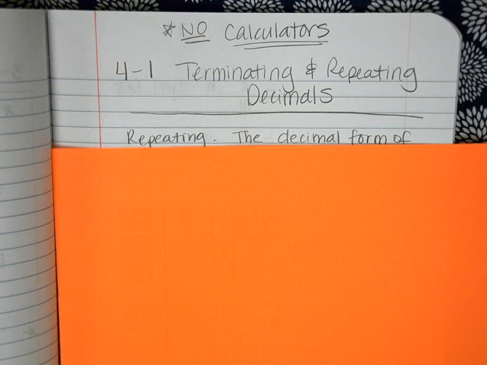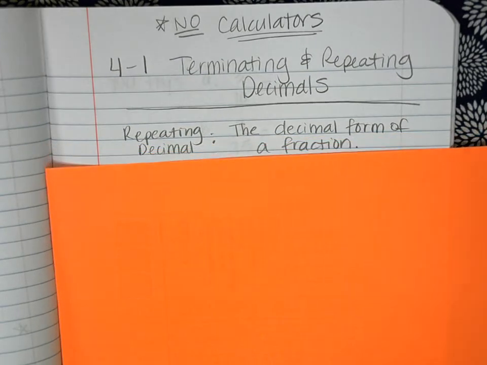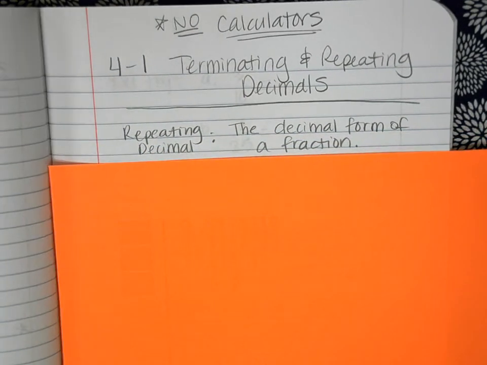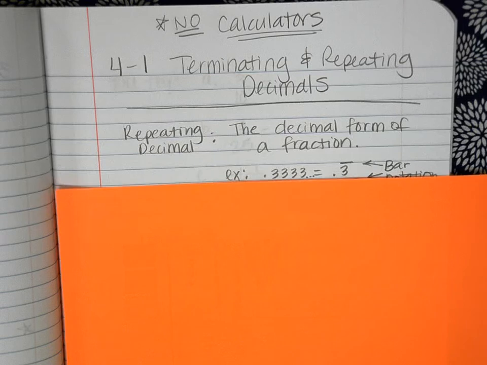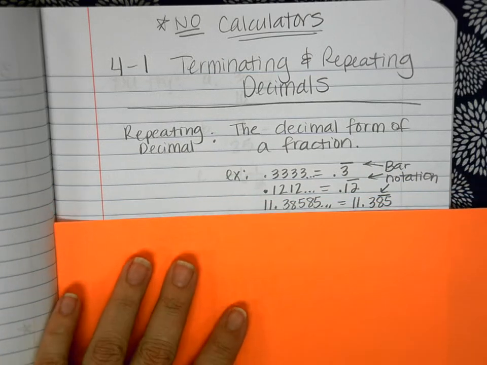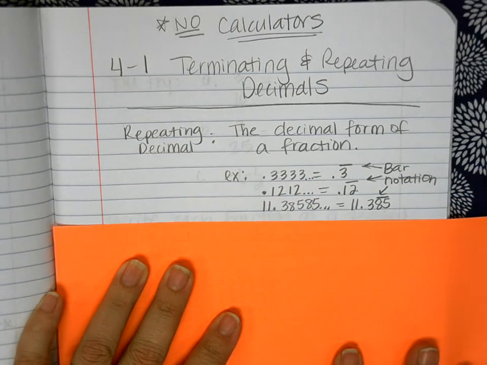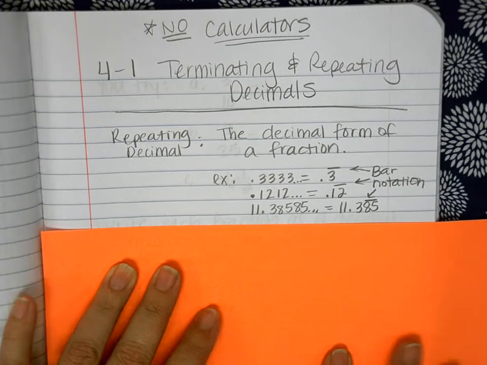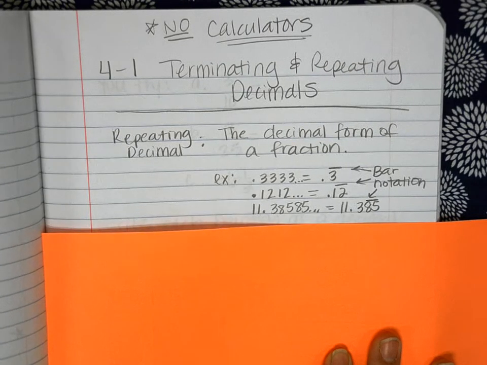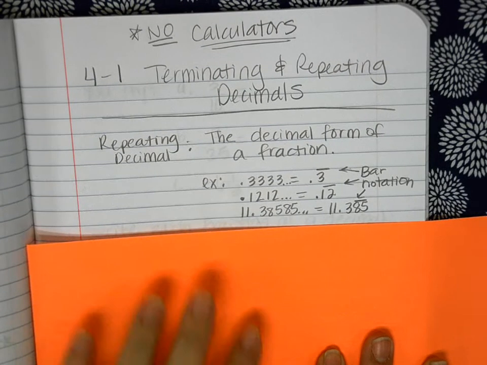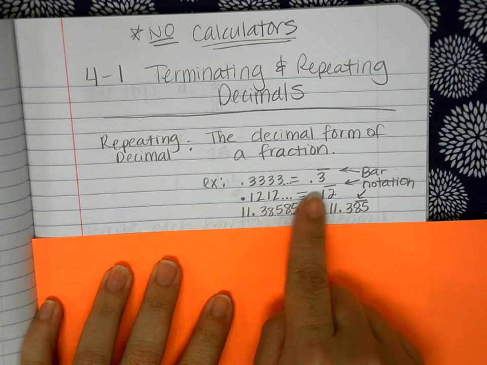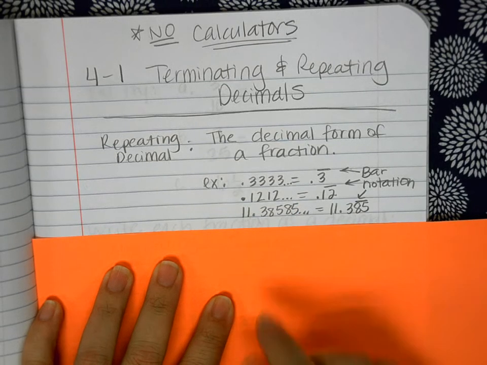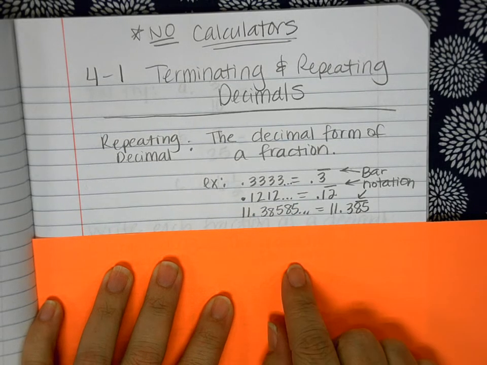So repeating, the decimal form of a fraction. Okay? Here's a couple examples of how we write notation. So repeating decimals are the decimal form of a fraction. For example, if you have 0.3333, you only have to put the bar. It's called bar notation. You'll put the bar over the 3.